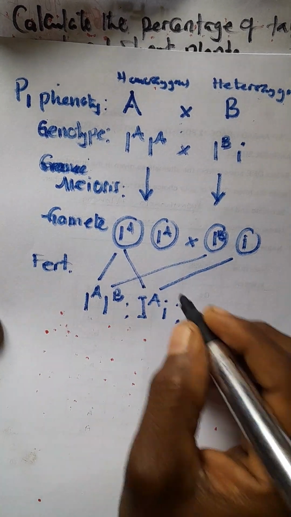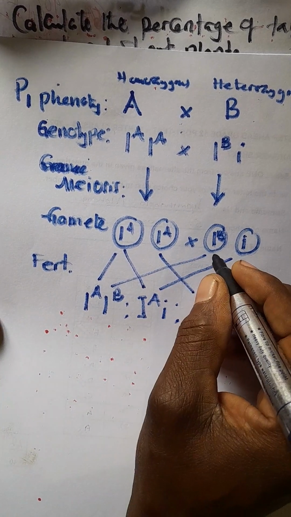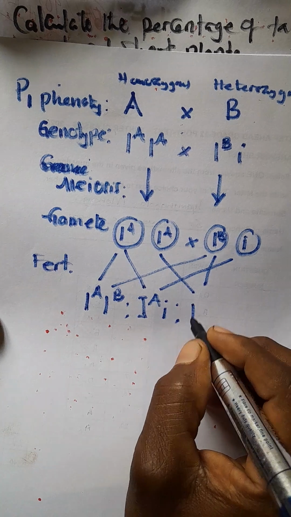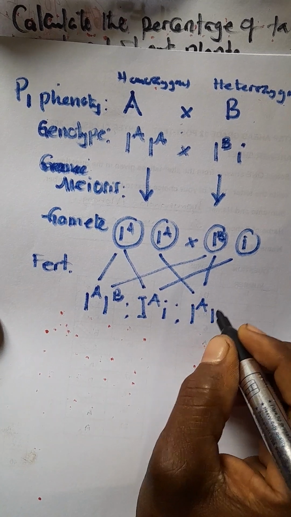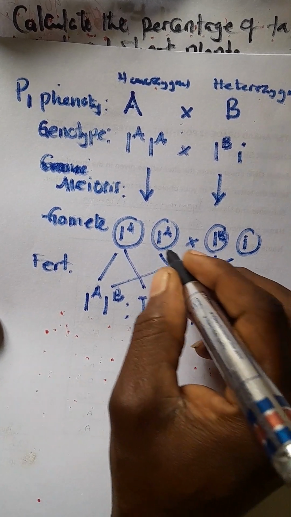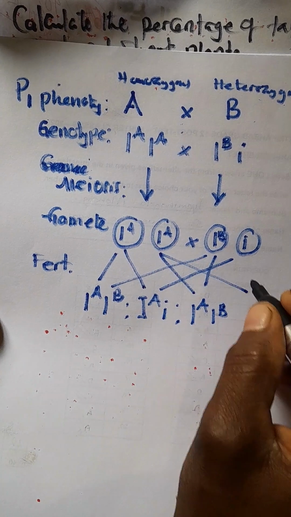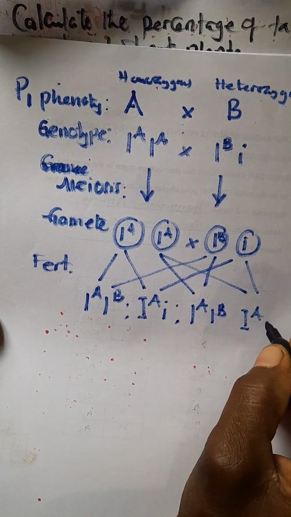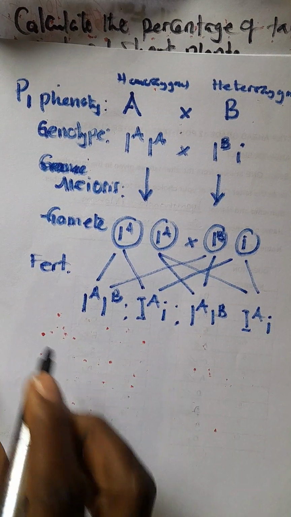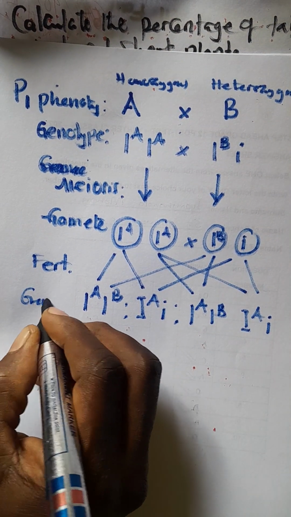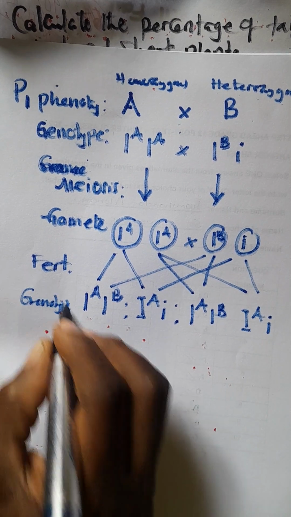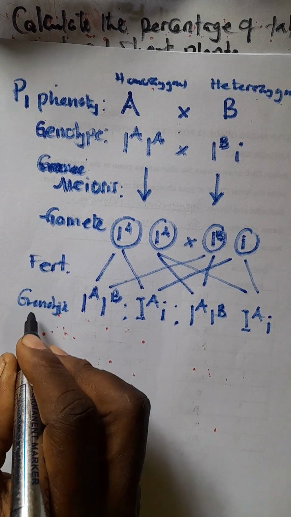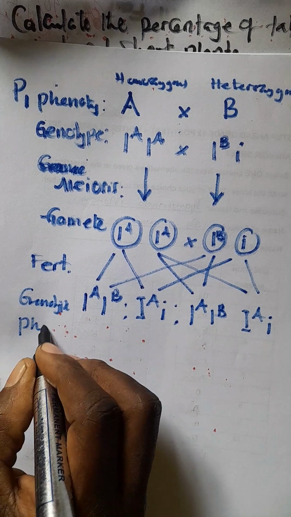Then IA again and IB, you're going to have IA, IB. Then this IA and I recessive, you're going to have IA and I recessive. The way I've written, this gives us the genotype. So genotype then therefore will give us the phenotype.